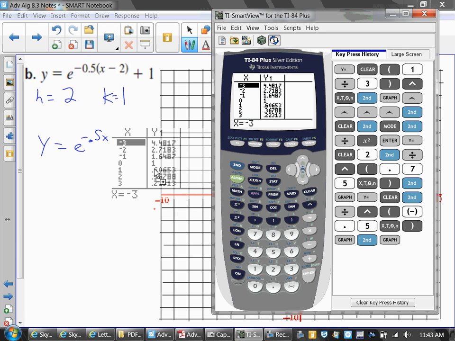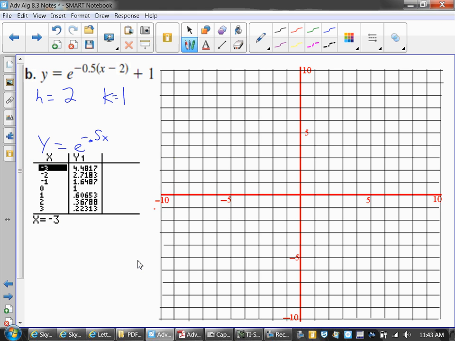So according to my table, the parent function at 0 is 1, and then I'm just tailing down. At -1, I'm a little bit more. At -2, I'm up here, and so on. So here is your generic graph first.